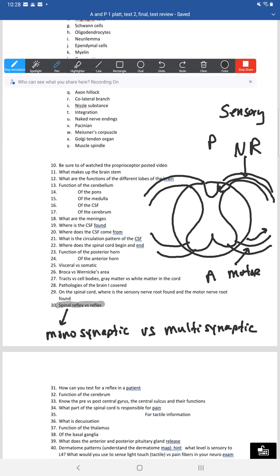A spinal reflex involves the spinal cord itself. It's weird to say, but the brain is not involved. The brain is aware of what's going on, but the reflex is actually operated and carried out by the spinal cord. And what that does ultimately is it saves time, so it's very fast. So if the information goes in through the cord and back, that's quick versus information to the cord up to the brain and then back to the site.